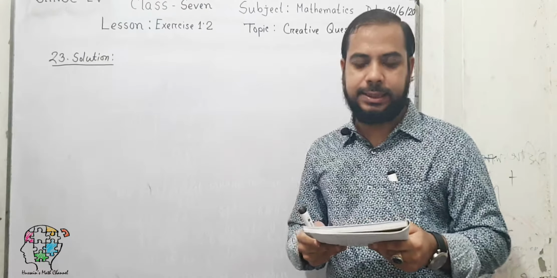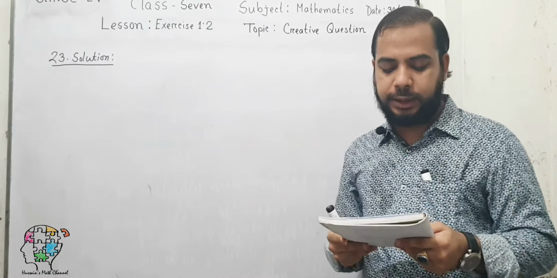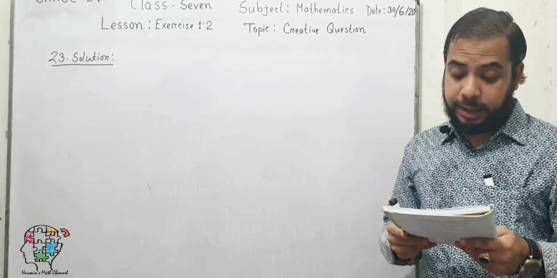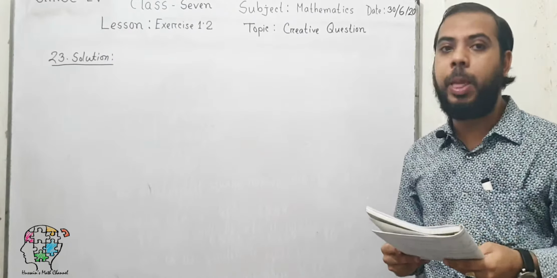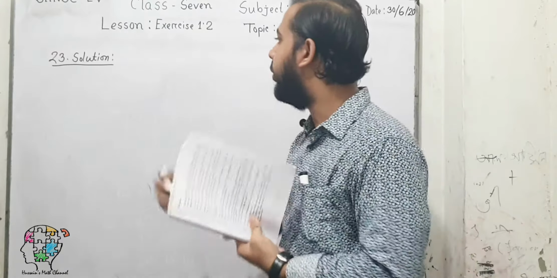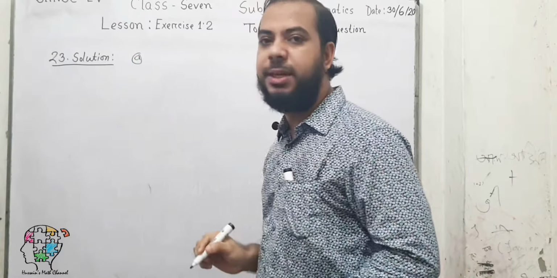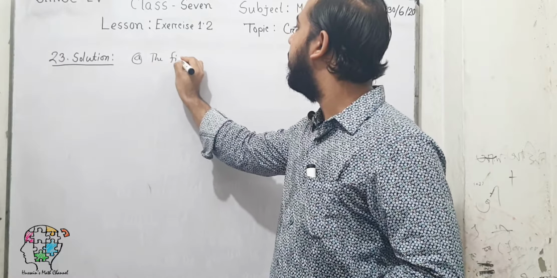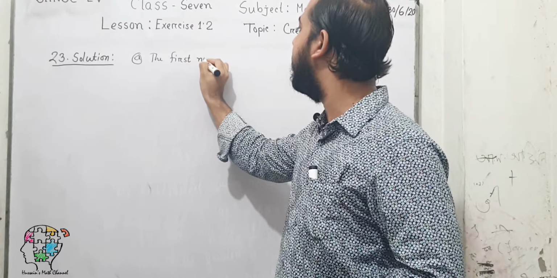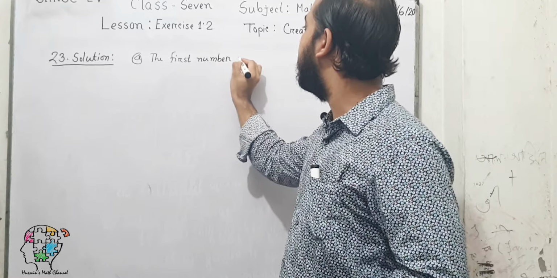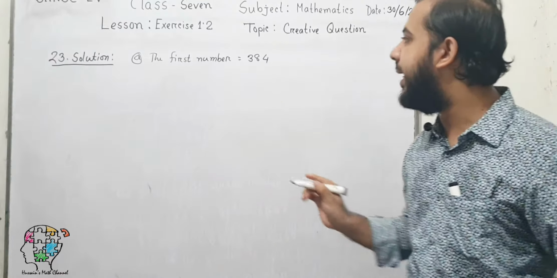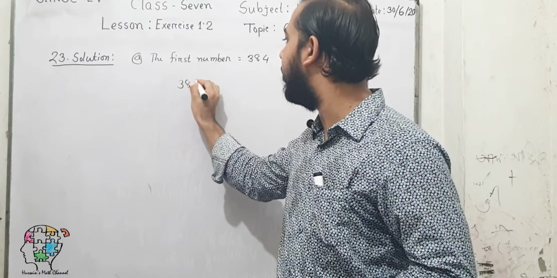Question A asks, verify with factors whether the first number is a perfect square number. That means the first number is equal to 384. Now we have to check whether it is a perfect square number or not.